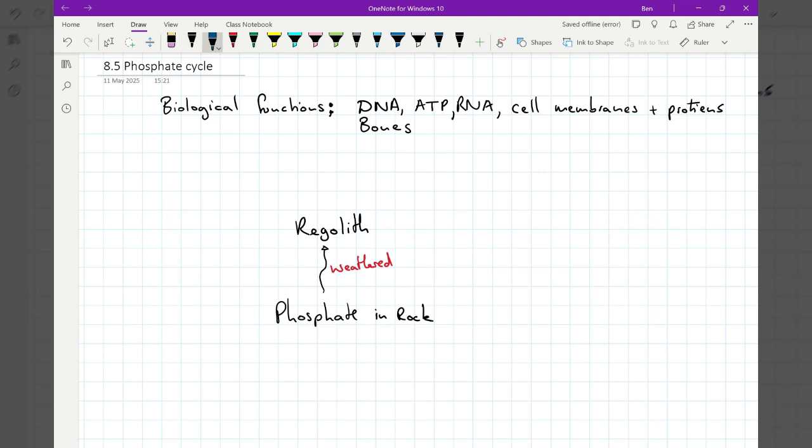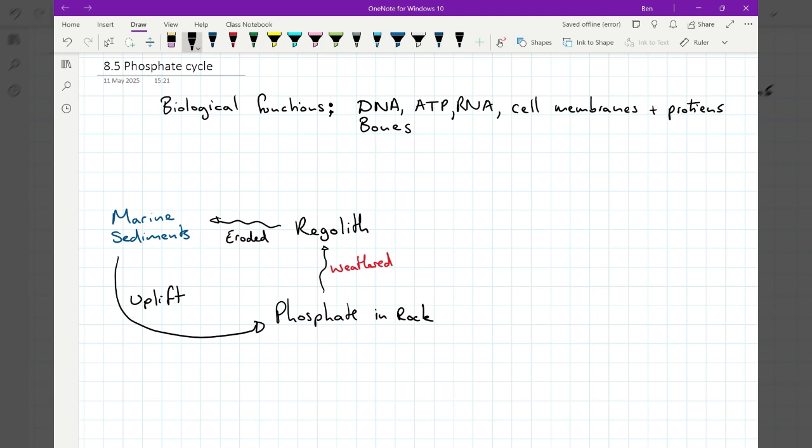And this can then be eroded into marine sediments. And then these can be uplifted, through tectonic plate movements and stuff like that, and that can result in phosphate being presented back to the surface of rocks. So this is uplift.